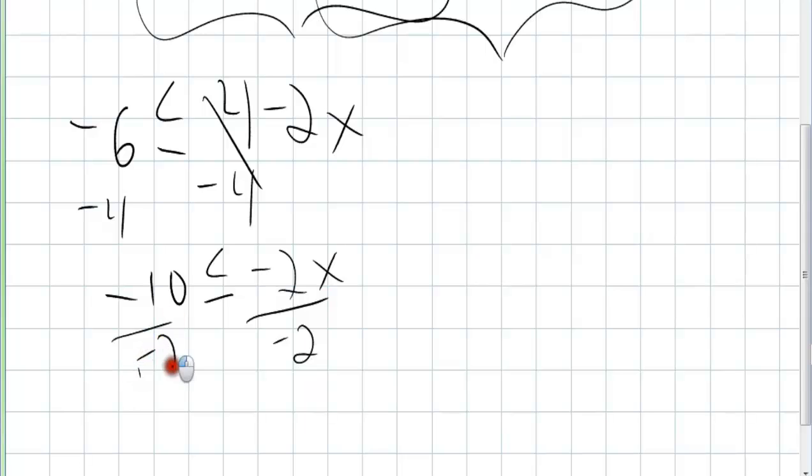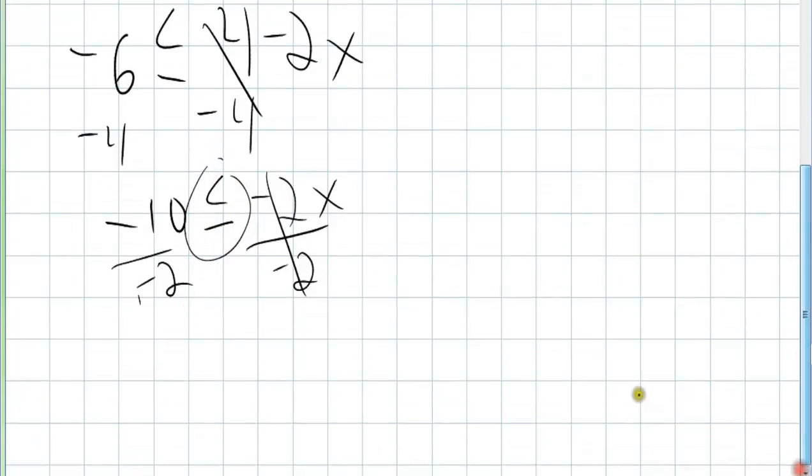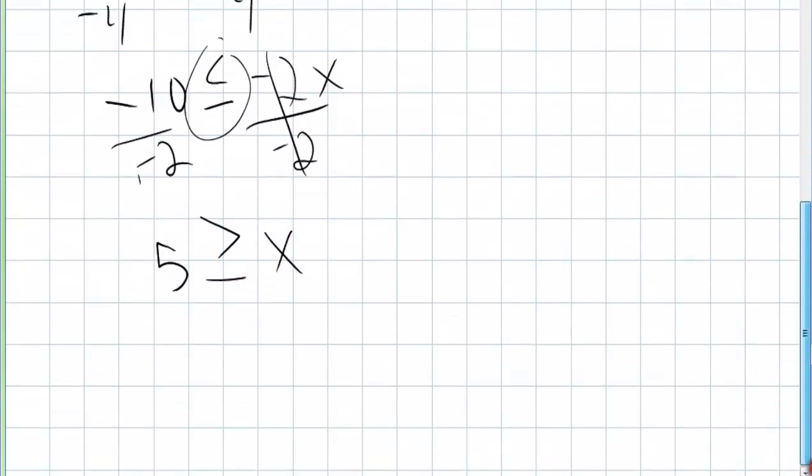Remember that when you divide by a negative while working with inequalities, the inequality sign is going to change. So now it's 5, because -10 divided by -2 is 5, and it's greater than or equal to x. This can also be written as x is less than or equal to 5.